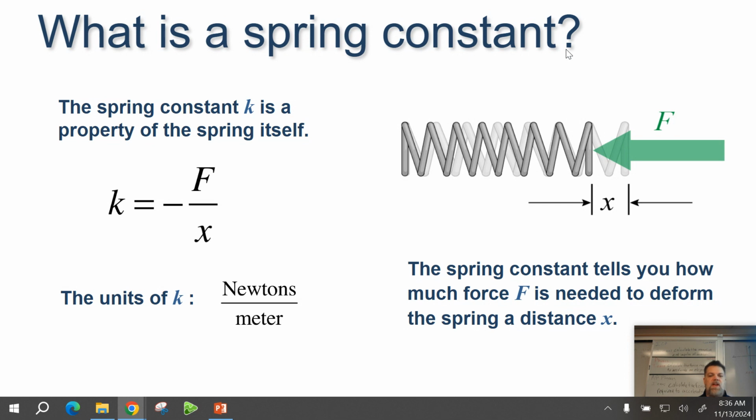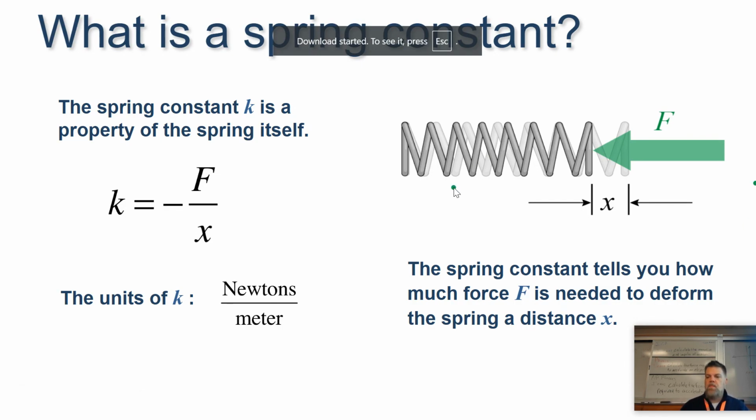If you took that first formula and used algebra and just solved for K, you would get negative F over X. That's also why it's newtons per meter. Okay. All right. Can I move on?